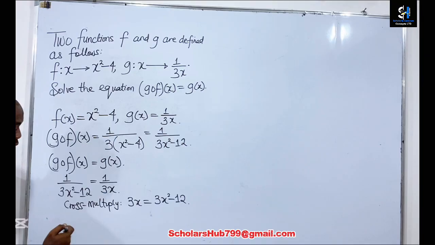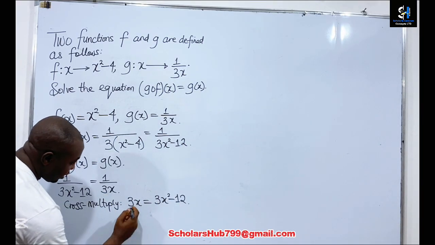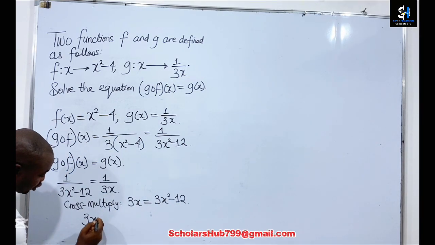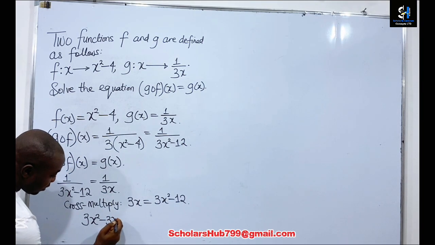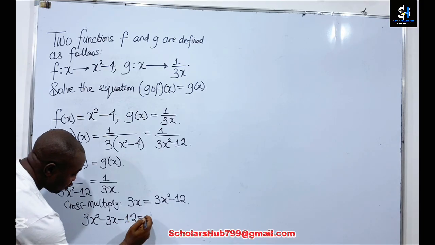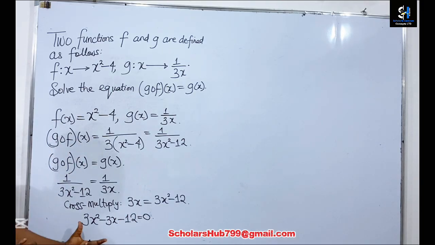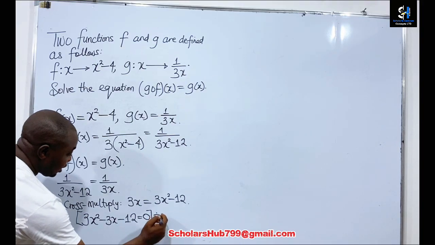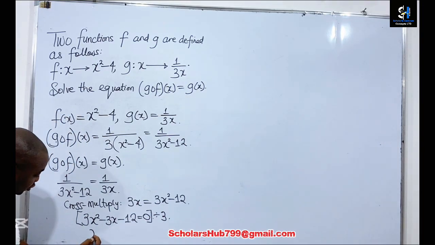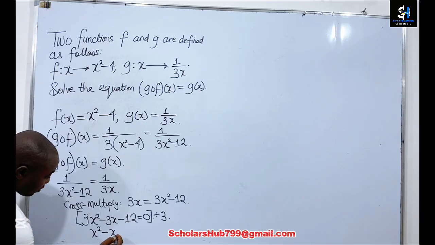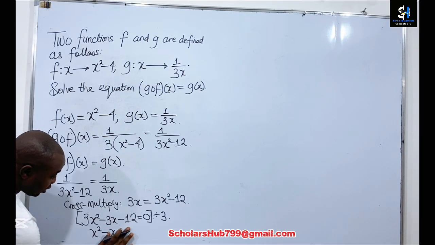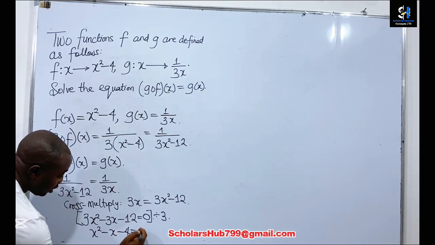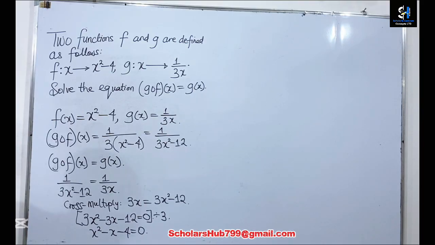When we cross multiply, I'm going to move this to the right hand side so that the equation will be 3x squared minus 3x minus 12 equals 0. Now we can divide this equation by 3. Dividing this equation by 3, this will reduce to x squared minus x minus 4 equals 0.